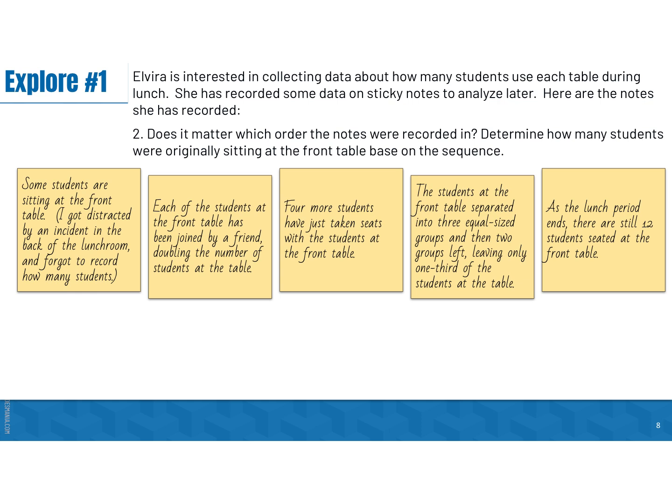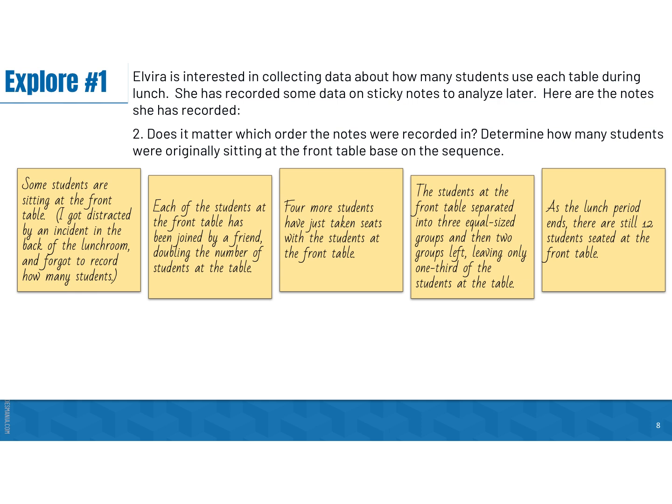The next one is, 4 more students have just taken seats with the students at the front table. Fourth, the students at the front table separate into 3 equal-sized groups, and then 2 groups leave, leaving only 1/3 of the students at the table. And the last one is, as the lunch period ends, there are still 12 students seated at the front table.